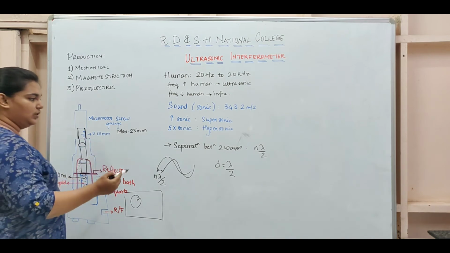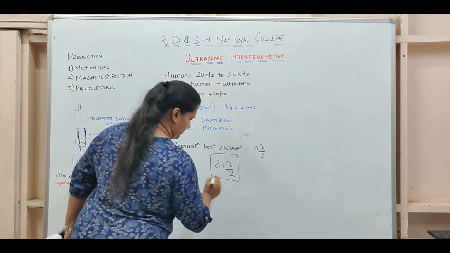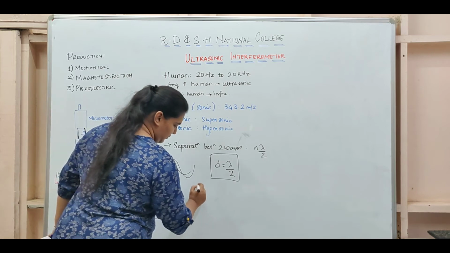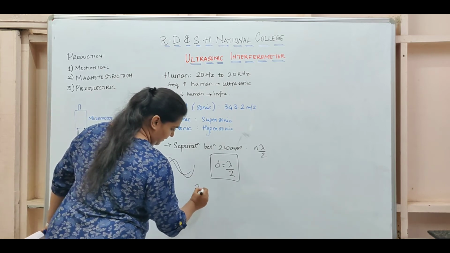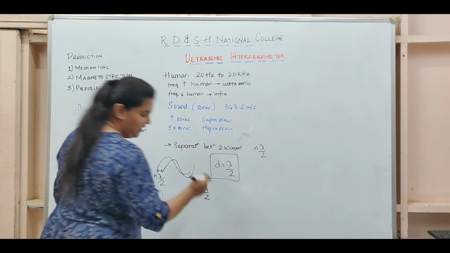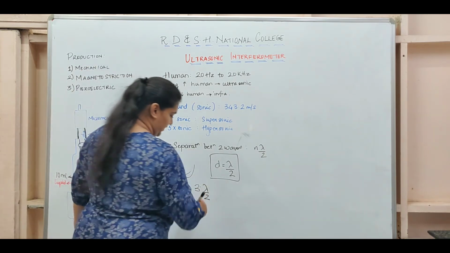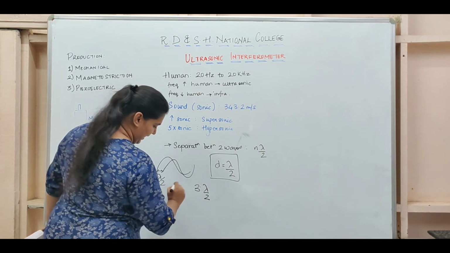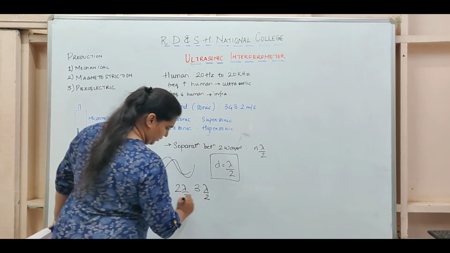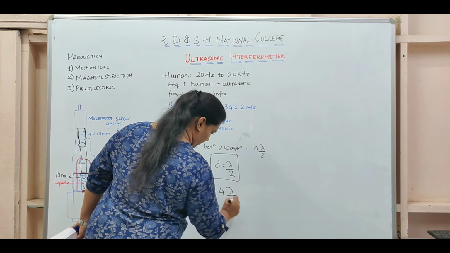So resonance only occurs at integral multiples of lambda by 2. Suppose my first resonance occurs at 3 times lambda by 2. Now when I increase or decrease my screw gauge, the next resonance has to occur at either 2 lambda by 2 or 4 lambda by 2.